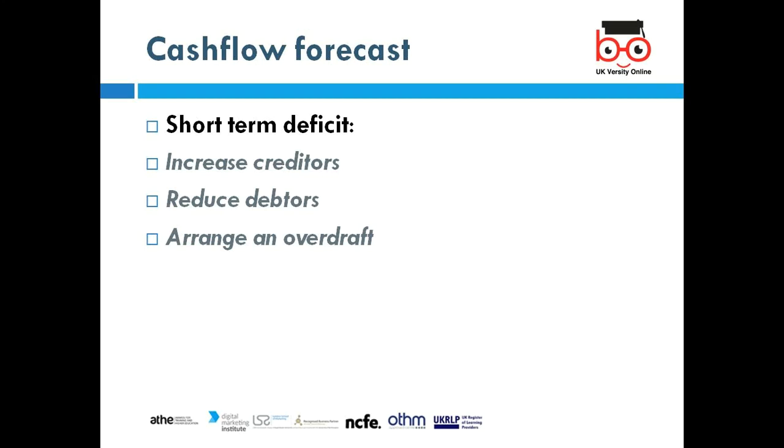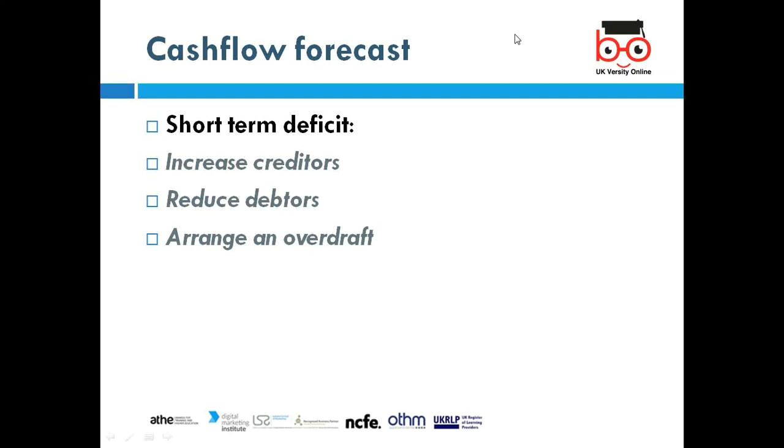If we have a short-term deficit, we will try to negotiate with the supplier and pay them later. To reduce the debtors, we convince our customers that if they pay early, we will provide them a prompt payment discount. It's called an early settlement discount. Prompt payment discount means early settlement discount.